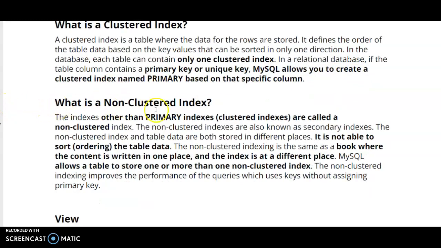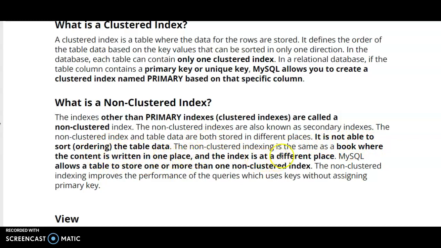Next is what is a non-clustered index. The indexes other than the primary index, the clustered index, are called non-clustered indexes. Index other than primary indexes. The non-clustered indexes are also known as secondary indexes. The non-clustered index and table data are both stored in different places. It is not able to sort the ordering of the table data.